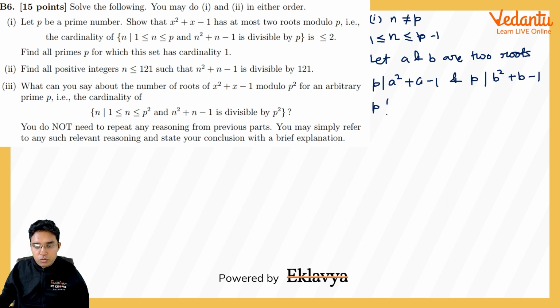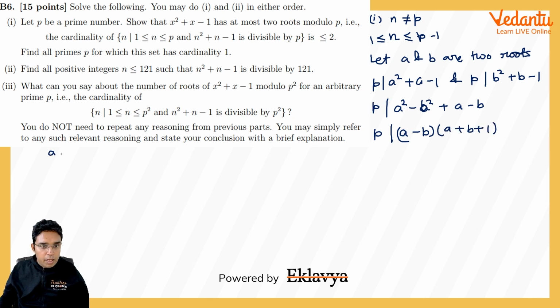That means p should divide their difference also, a square minus b square plus a minus b, which means p should divide a minus b into a plus b plus 1. Here a and b both are such that they are less than or equal to p minus 1, greater than or equal to 1. And if we are taking 2 different roots, so let us first talk about when they will be different roots, and then we will talk about same roots also.